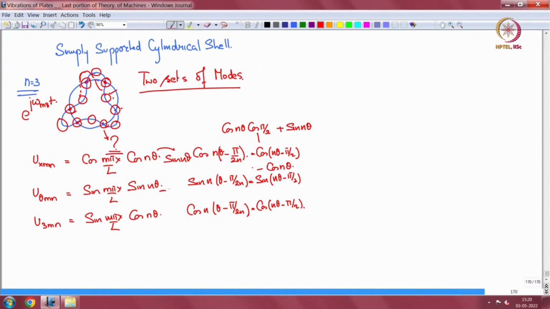So this is minus cos n theta, the next set. And here I get the same as before, so I get sin n theta. Okay. So this forms the first set.